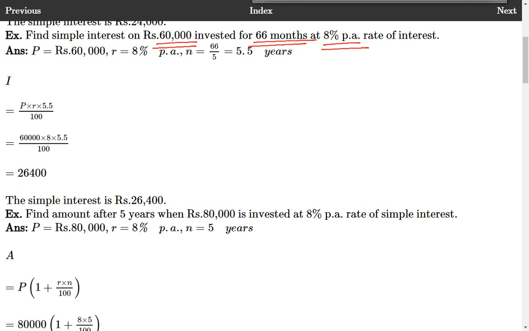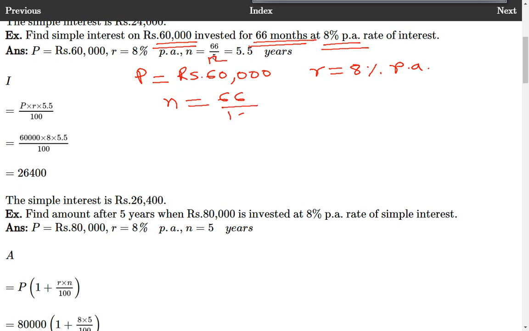So here the given things are: principal amount is rupees 60,000, rate of interest is 8% per annum, and n is equal to 66 months, and that we have to convert into years. So this should be divided by 12. So 66 upon 12 equals 5.5 years. So n is equal to 5.5 years.